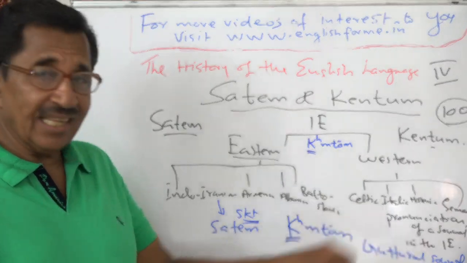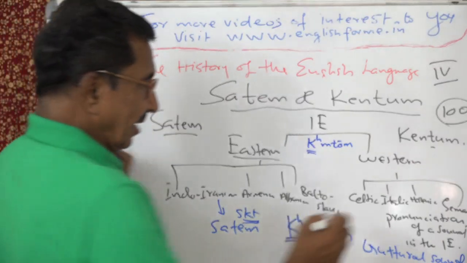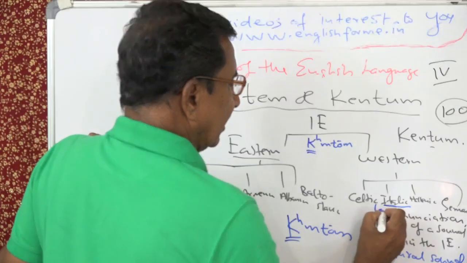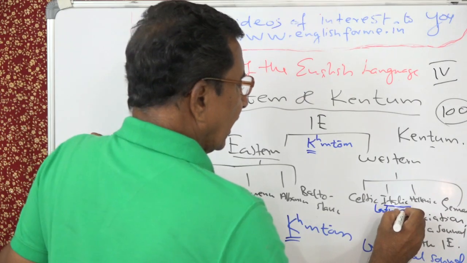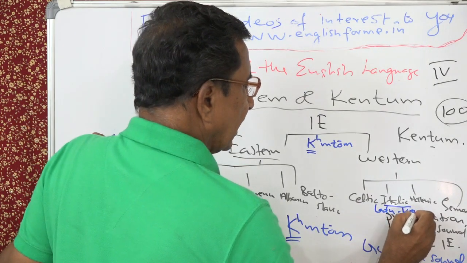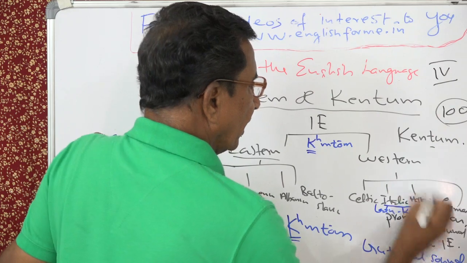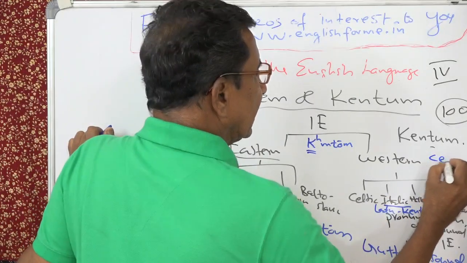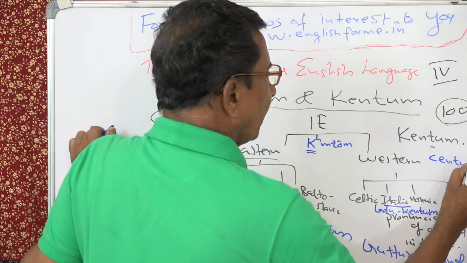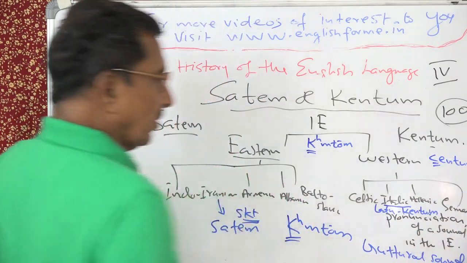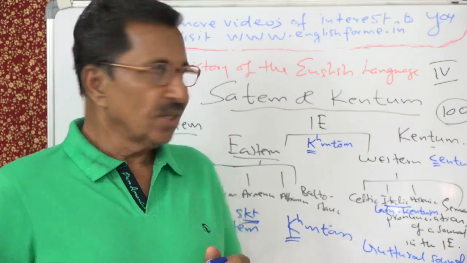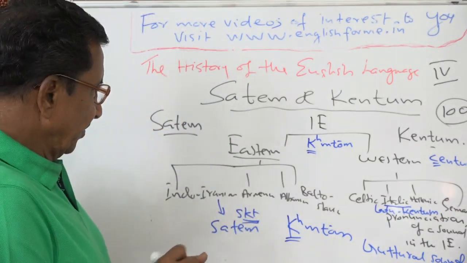In Italic, that is Latin, it is Kentum. Today's spelling is Centum, but in Latin it is pronounced with a K. Understand?